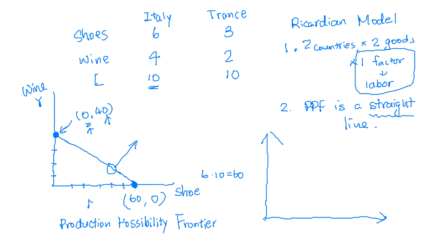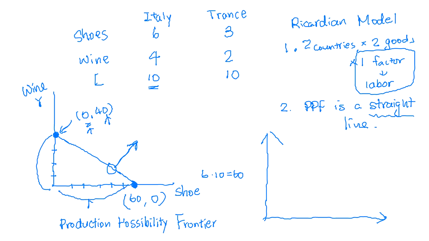We need to look at the slope of this straight line. What's the mathematical representation of the slope? It's the rise over the run. Exactly.